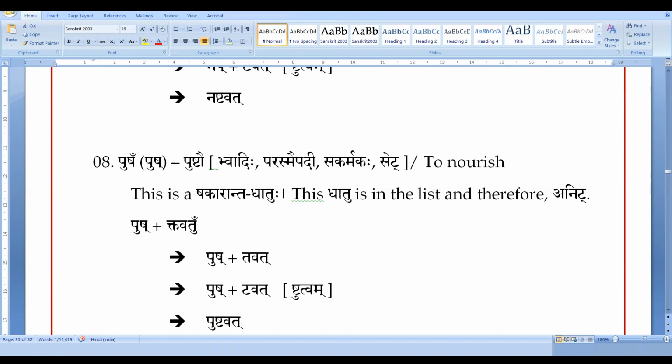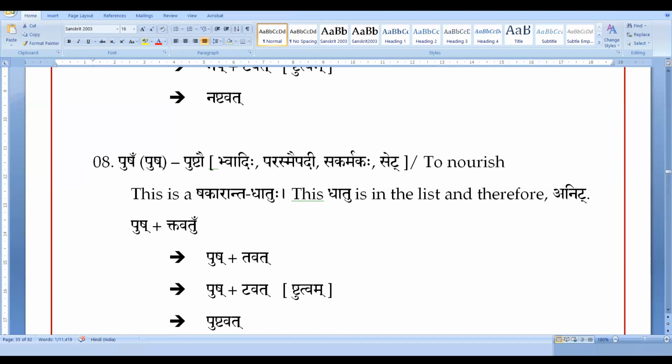Suppose you say, this food nourishes you, Poshati. Both are the same only. Push dhatu, because in the 10th gana it is svarthe, it takes the same meaning. Pushta only. And in the Bhvadi gana also it is Pushta. I'm not taking the 10th gana because the 10th gana dhatus are anyway all Anekach, therefore same only.